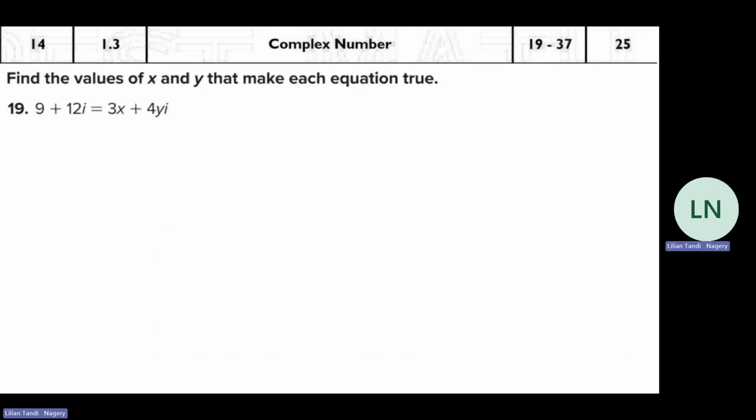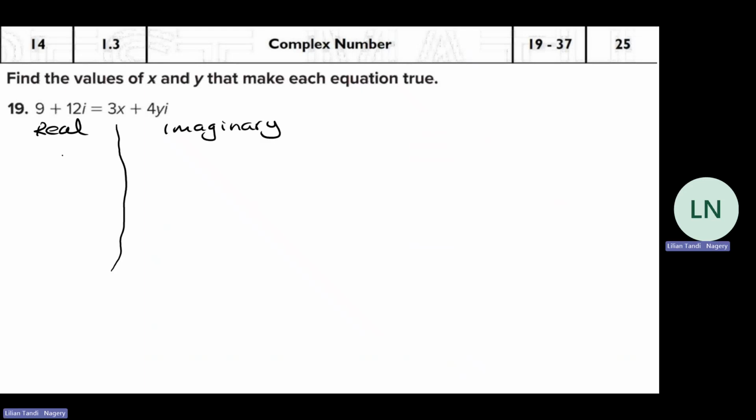So now we have complex numbers. Find the values of x and y. Divide your equation into two parts. You do the real on this side, you do the imaginary on this side.